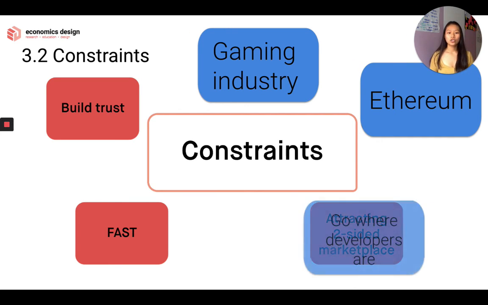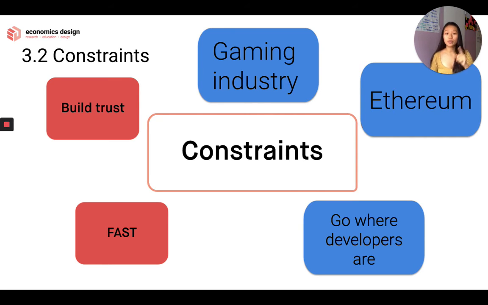So they decided to go where developers are, which is Ethereum, because there are a lot of active users there, and also a lot of Solidity developers in the space. Developers write code in Solidity smart contracts, which are available on Ethereum. So they build it on Ethereum, and developers can just execute it.